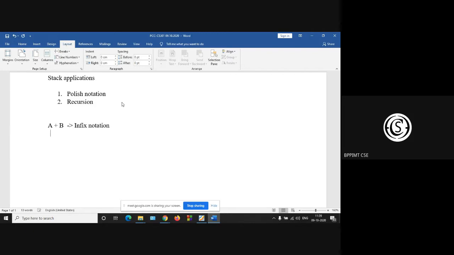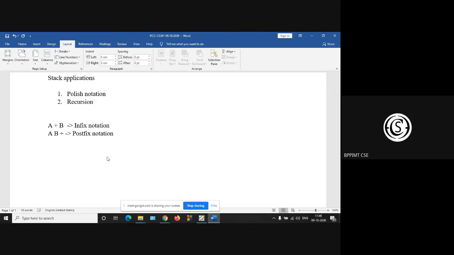So what will be the postfix representation? Postfix means you have to remove the operator that is placed in between two operands, and put this operator after the two operands. So AB plus. This is the postfix notation.